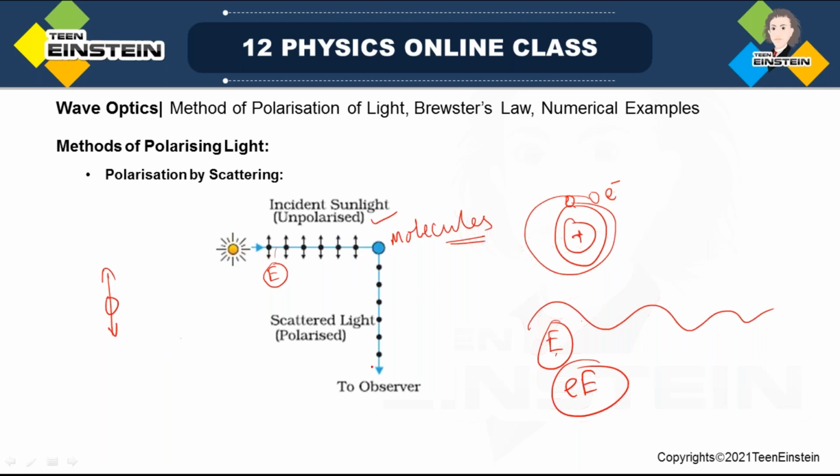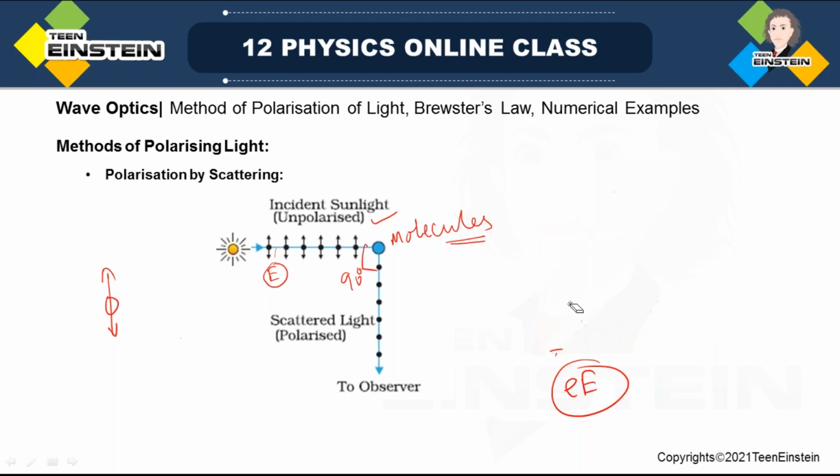Now this is an observer we have kept at right angles to the sunlight. The sunlight is coming from here, so this is 90 degrees. The electrons start oscillating with the electric field, and as you know, an oscillating charged particle will radiate electromagnetic wave, or light, of the same frequency as the electric field.